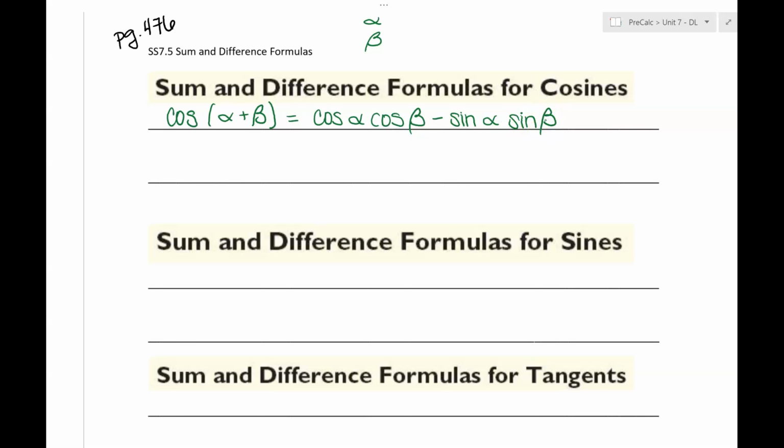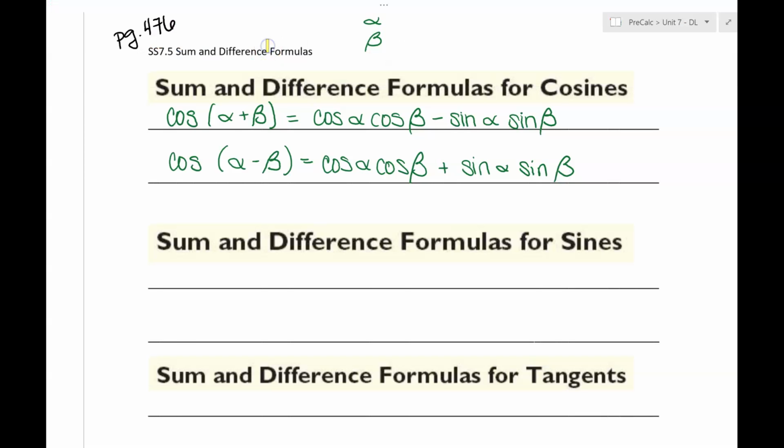Okay, that's for the sum. The difference, quite similar, is cosine of the first angle minus the second equal to the cosine of the first angle, cosine of the second, plus sine of the first angle, sine of the second.